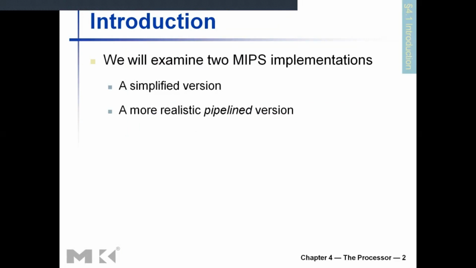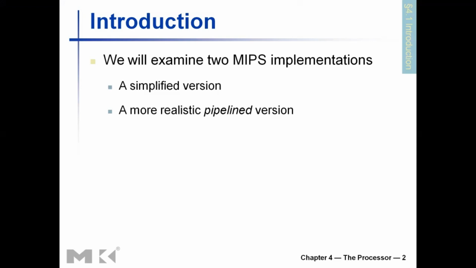Under this chapter, we will look at 2 different implementations of the MIPS ISA. I gave you an overview document of the MIPS ISA, which discusses most of the very commonly used instructions, not all, but most of the common instructions there, and a comparison of ARM and MIPS, differences and similarities.